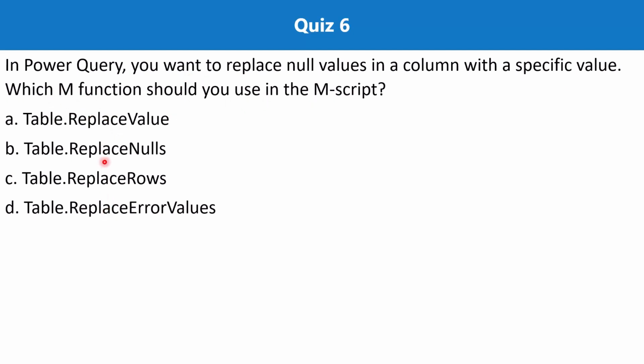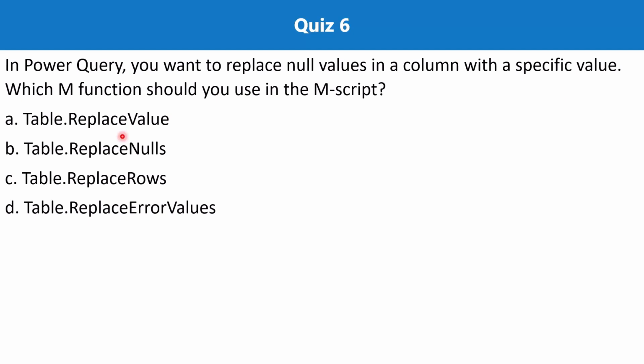So I think these 3 other functions do not even exist in the M library. So the only option which is correct is ReplaceValue. So like I said, some of the transformations are very common, like where you change the data type, where you create a new column, where you replace a value.